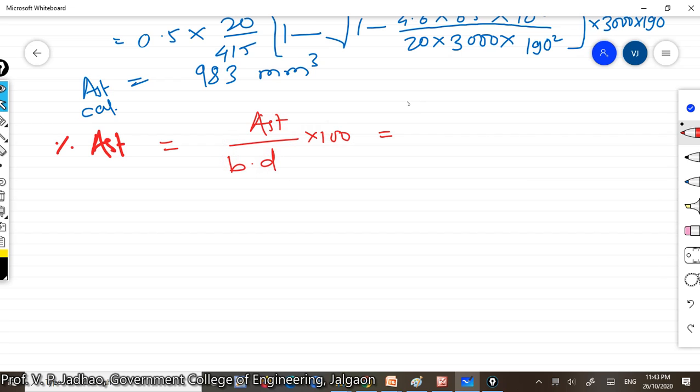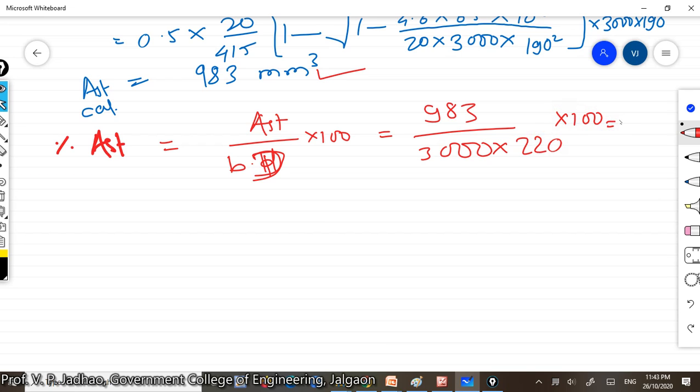So we have AST equal to 983 divided by b, which is 3000, multiplied by D. Sorry, this should be capital D, so this is 220, multiplied by 100. So the percentage comes out to be 0.15%. This is greater than 0.12%, that is AST minimum, hence okay.